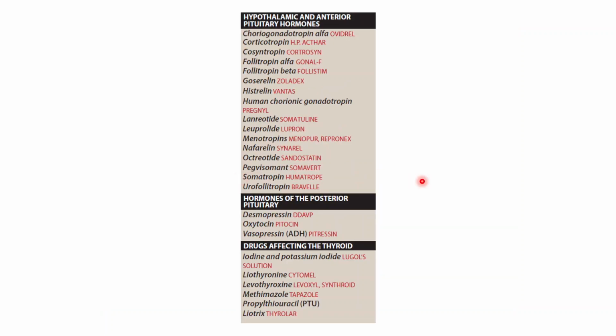Today we will also discuss the drugs that are used as a replacement for the hormones of the hypothalamus and pituitary.